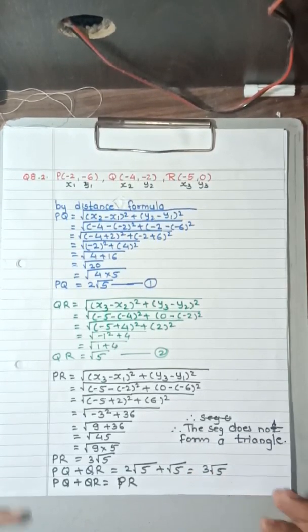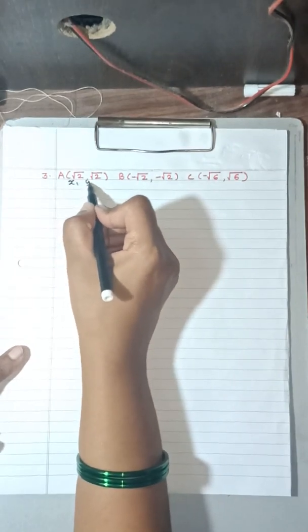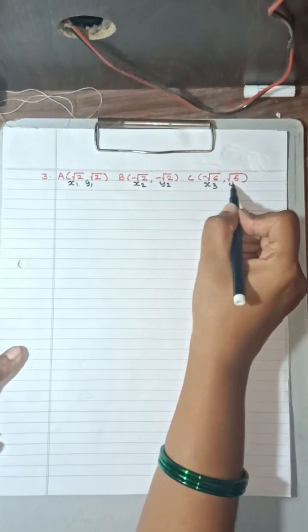Okay, so let us move on towards the third question of question number 8. Okay, so we'll suppose this as x1 y1, x2 y2, x3 y3.